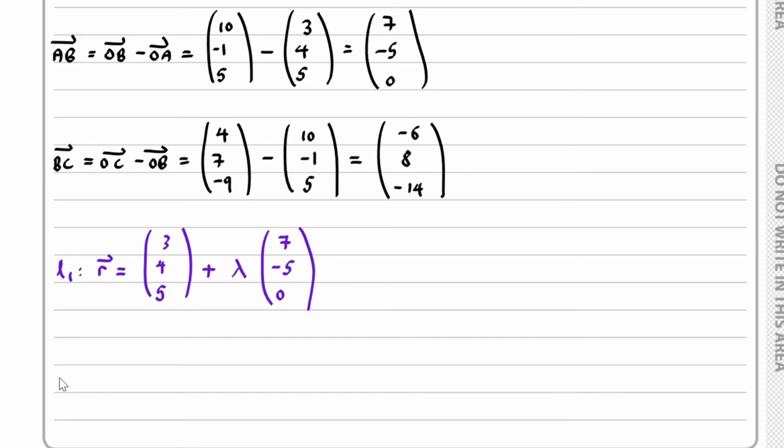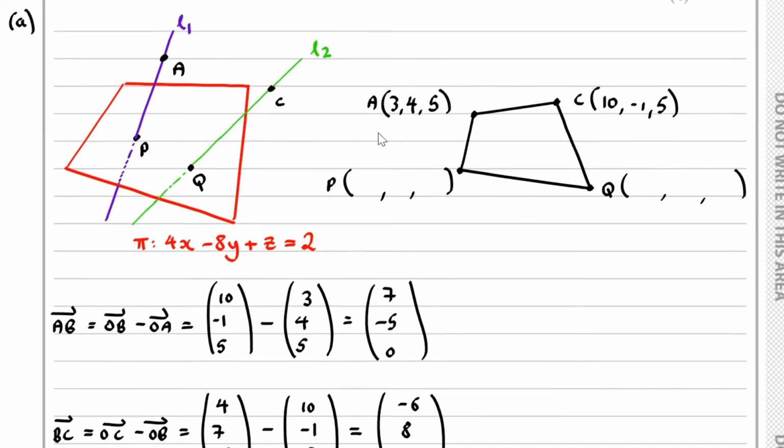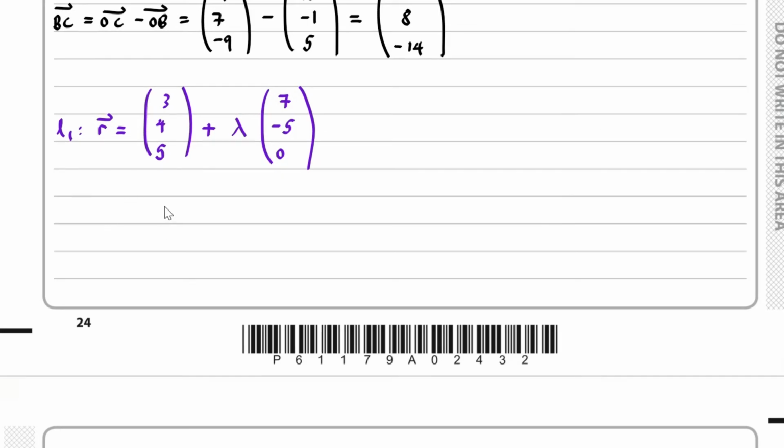And the line L2, which was shown in green here, r is equal to (10, -1, 5) plus mu lots of (-6, 8, -14).